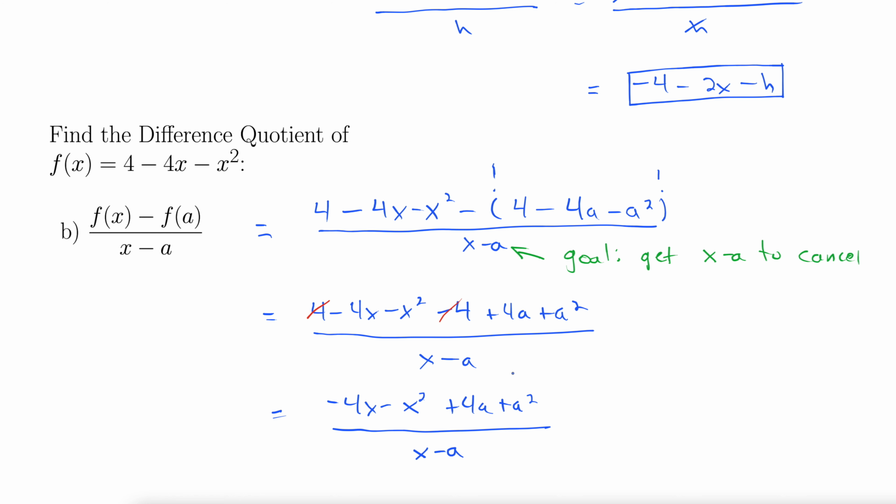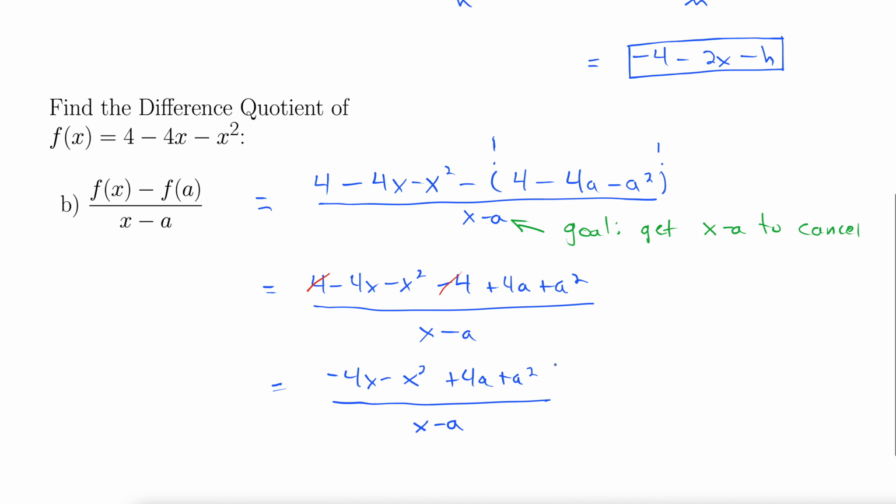It seems like it's going to be some grouping here. But if we were to just factor out an x and factor out an a to do the grouping method, our leftover terms wouldn't match. So we're going to need to rearrange this a little bit and then try kind of a grouping approach.